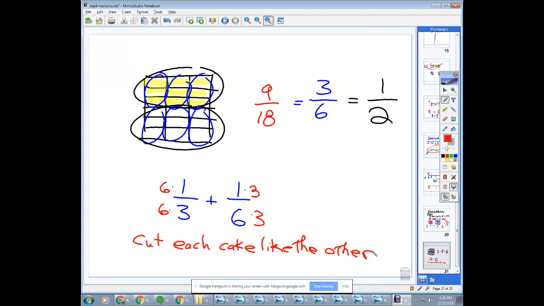So here, 1 times 6 is my numerator. 3 times 1 is my numerator. And I'm adding them. So altogether, I get 9 pieces out of 18, because I have a common denominator for each.